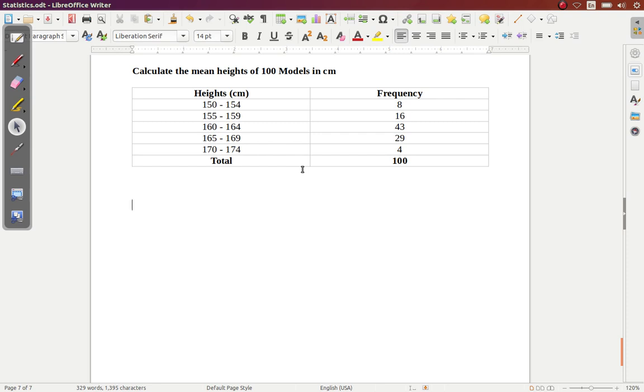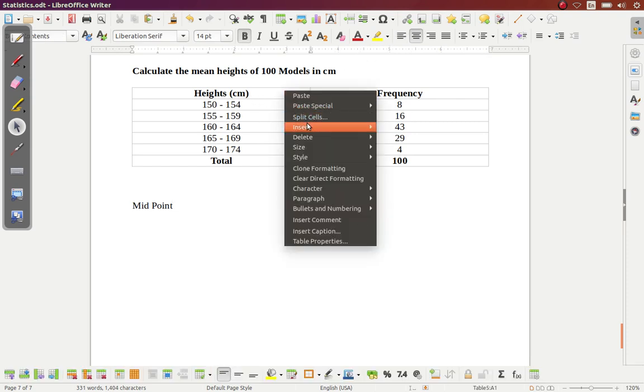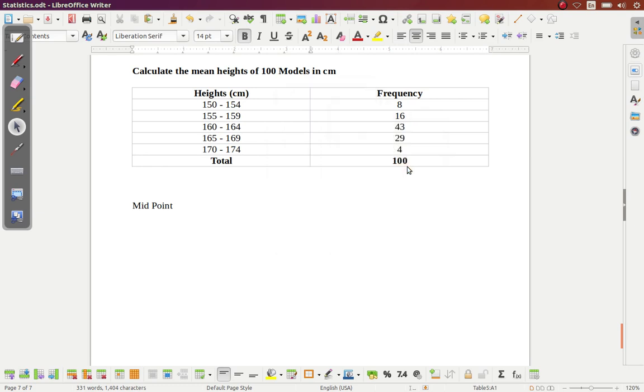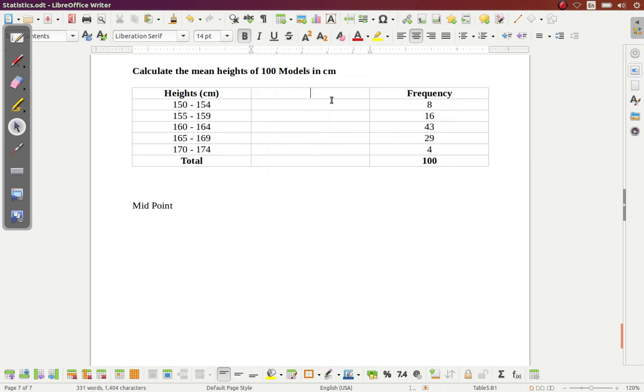So what we want to use is the midpoint. We want to use the midpoint of these values. So let's insert a column and call this the midpoint of these values. So we have 150, 151, 152, 153, 154. 152 falls right in the middle. So that's 152.